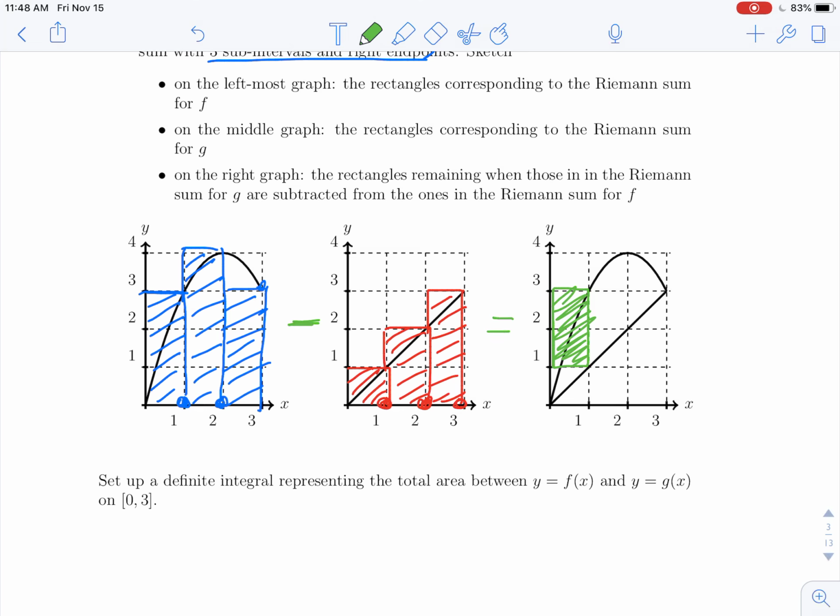And then on that second subinterval, I have these top 2 squares of area left. And then on my third subinterval, I have nothing left. So this is what I get when I subtract. So when I take the Riemann sum for f and subtract the Riemann sum for g, what I'm left with in my picture is these 4 units of green area.